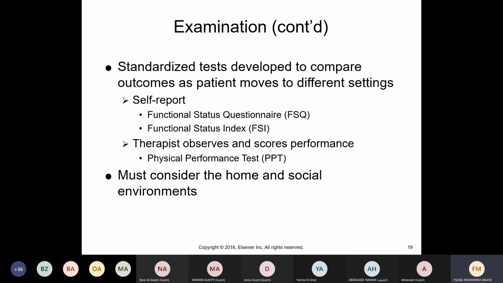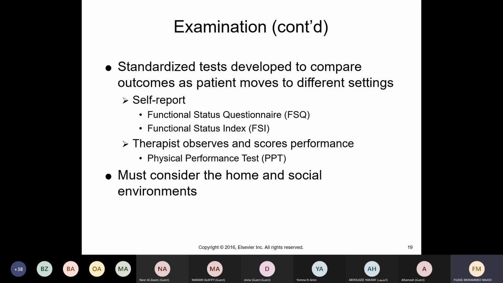And we're looking at standardized testing. Standardized tests are developed to look at the outcomes of patients as they move towards different environments. One of the things that are looked at is a functional status questionnaire, the FSQ. It's also a functional status index that may be utilized.